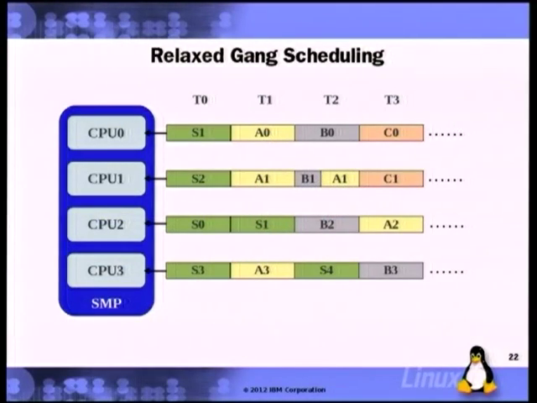In the next case, relaxed gang scheduling, we allow other tasks to come in and use these CPU cycles, just to make sure that we do not increase idle time. At T1 on CPU 2, we allow one system task to come in and use the CPU. Similarly, it fills in, so we do not waste the CPU cycles.